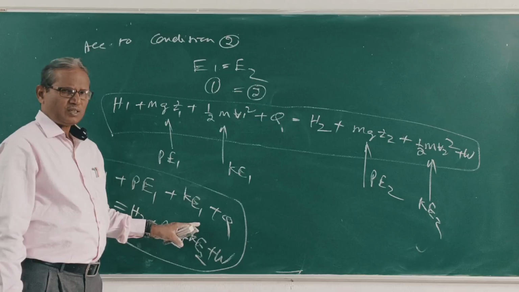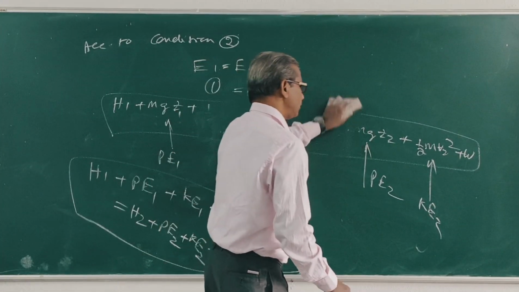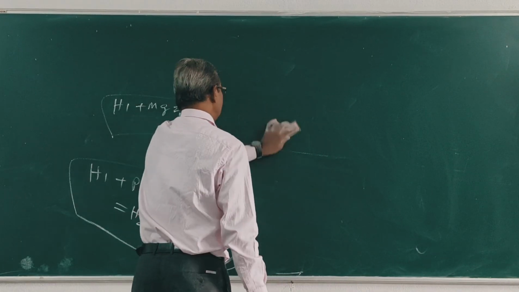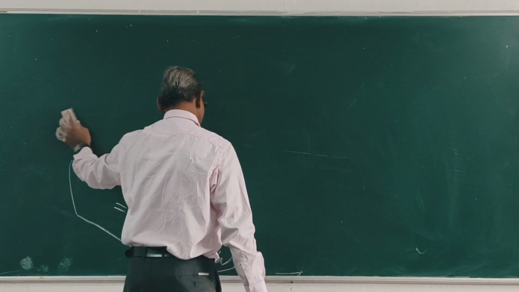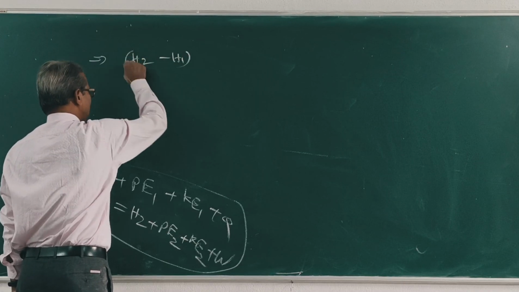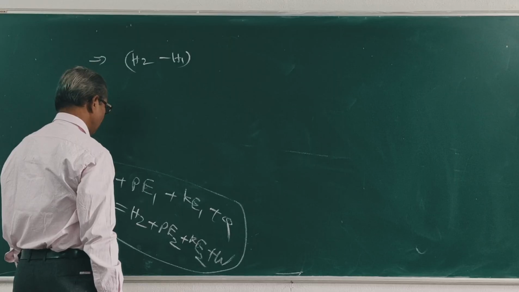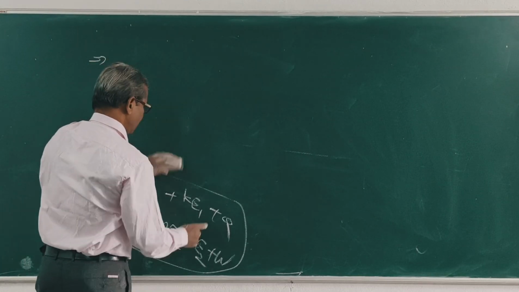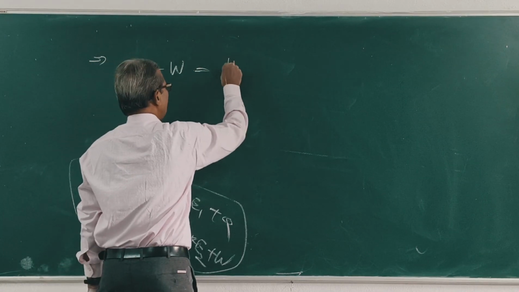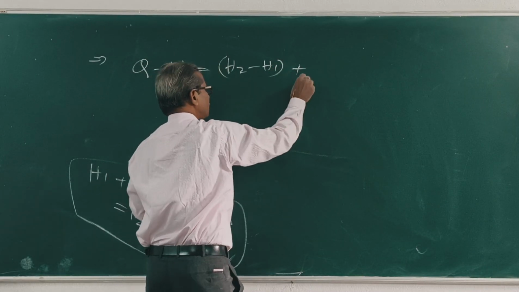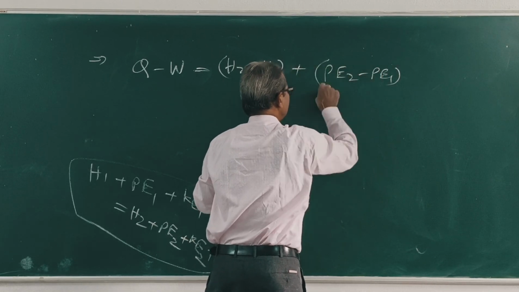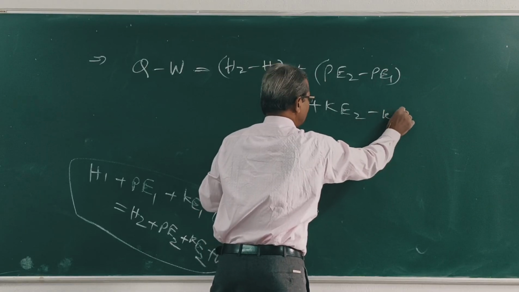This is known as steady flow energy equation, or this can also be written as Q minus W is equal to H2 minus H1 plus P2 minus P1 plus K2 minus K1.